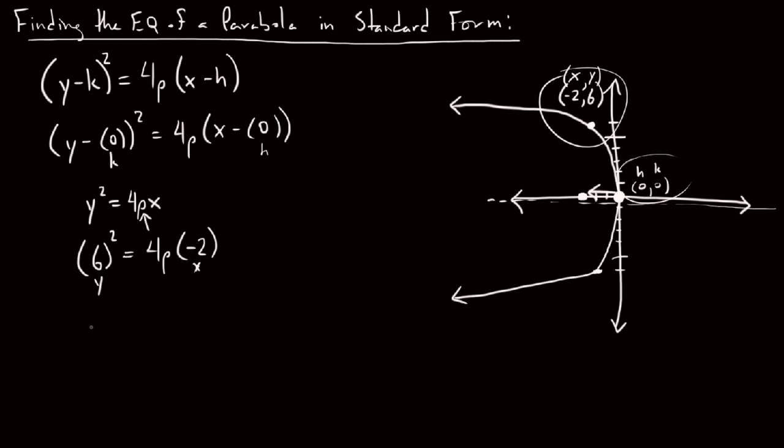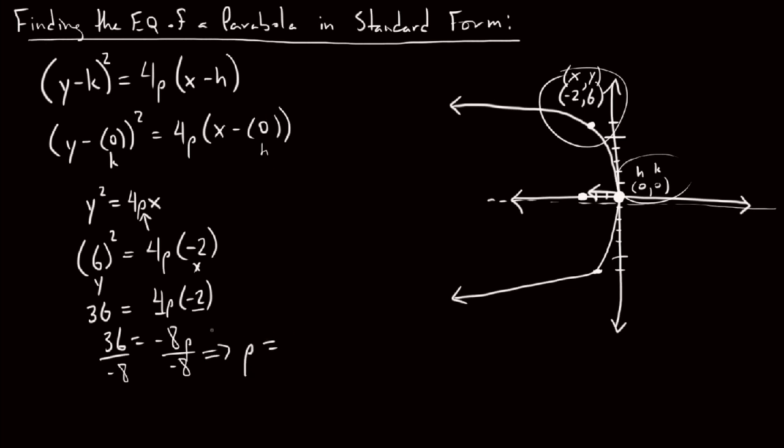Here we have 36 is equal to 4 times p times negative 2. Now 4 times negative 2 is negative 8, times p. So let's divide both sides by negative 8. This implies that p is most definitely negative.